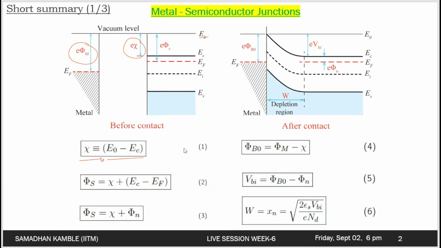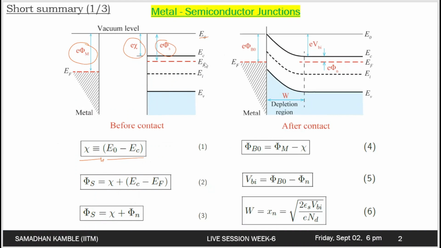Going to the third parameter, that is the work function of the semiconductor, phi s. So phi s consists of two distinct parts. One is the electron affinity, chi, and also the EC minus EF gap. So phi s can be written as chi, the electron affinity, plus this gap EC minus EF. This energy difference, if you can recall, is a function of the doping concentration.